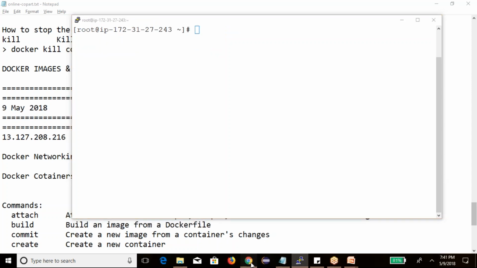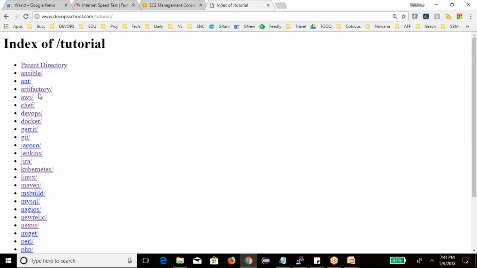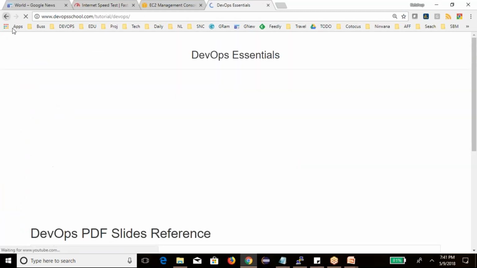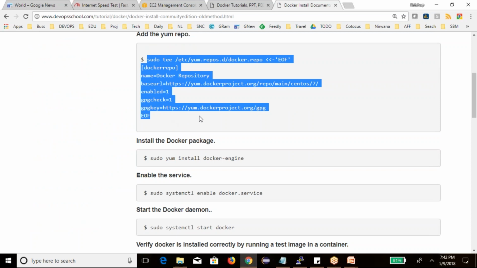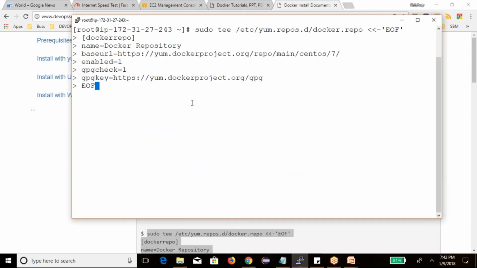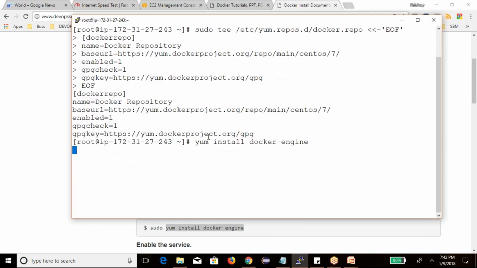Now, first things quickly, I'm going to start the engine installations, tutorials, Docker engine.